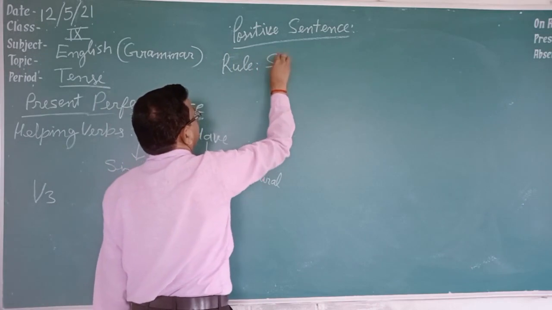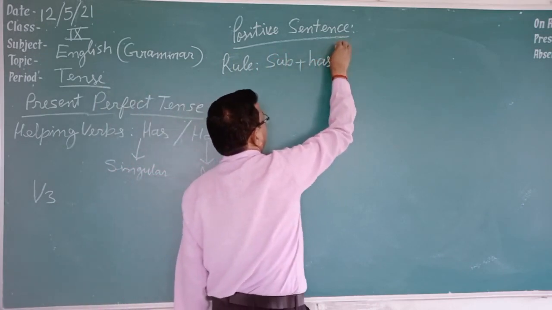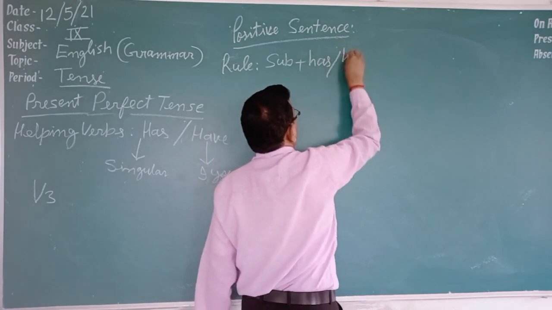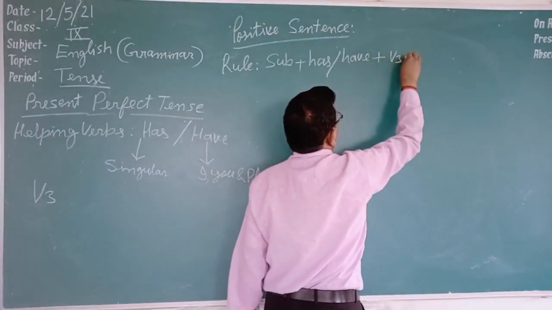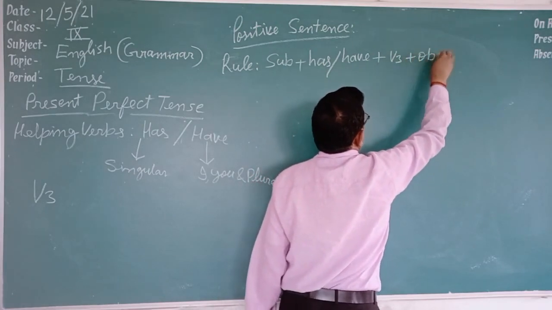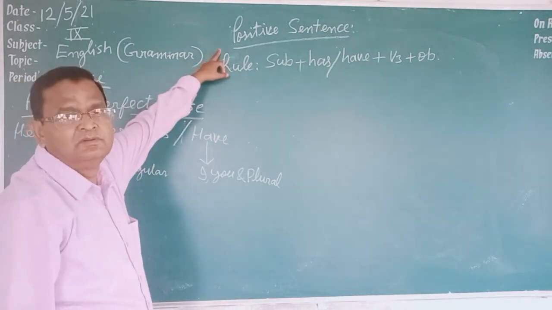First of all, the subject is written. Then according to the subject, has or have is written. Then the verb third form is written, then the object is written. This is the rule of positive sentence.